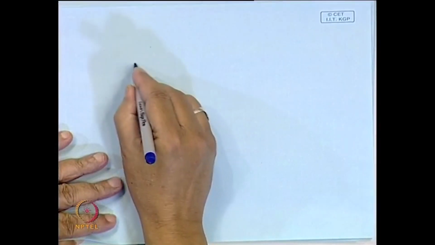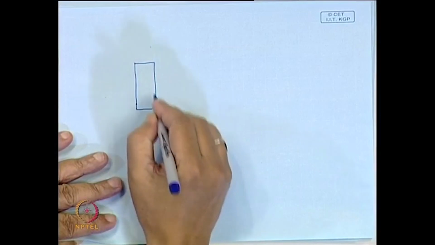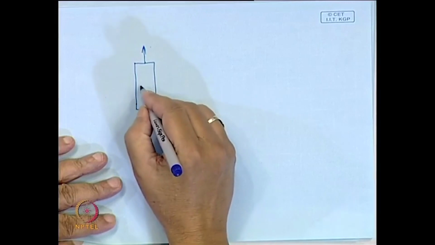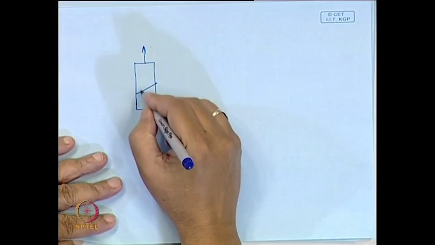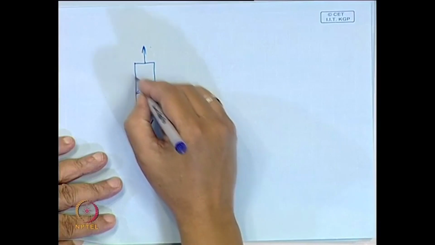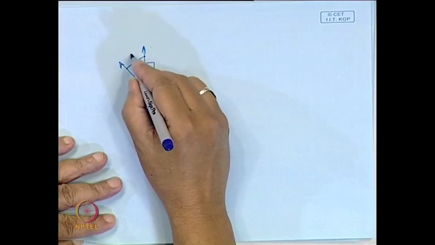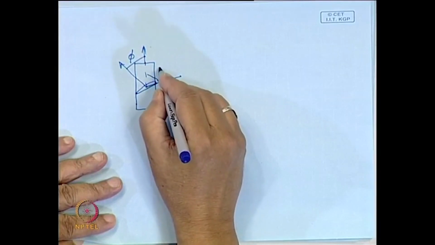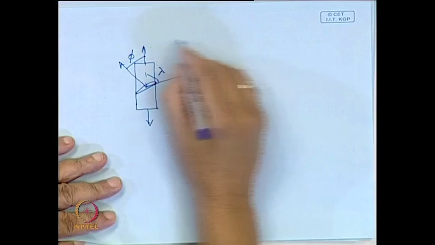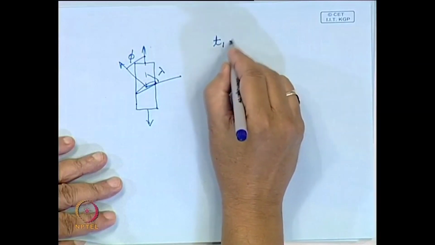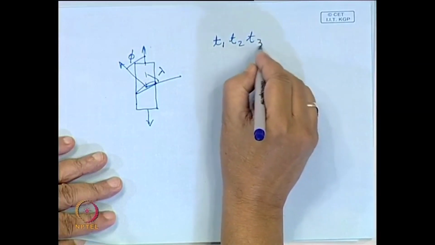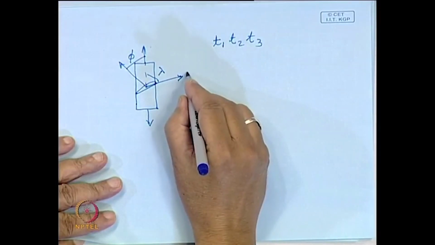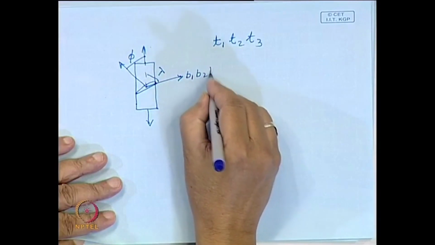Say this is a crystal and you are pulling it in this direction. This is your slip plane, this is the slip plane normal, this is angle phi, and this is angle lambda. Suppose the tensile axis is T1, T2, T3 and the slip vector direction is B1, B2, B3.